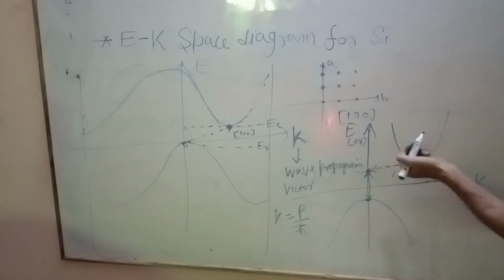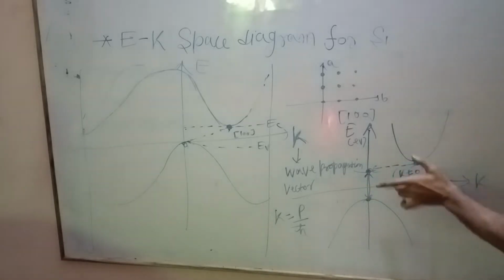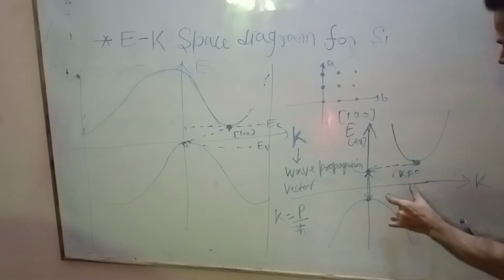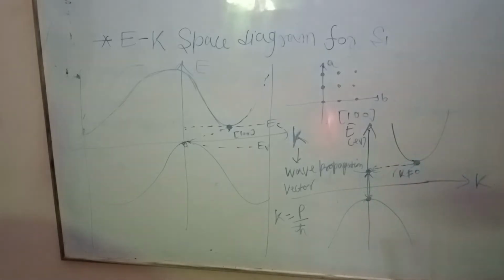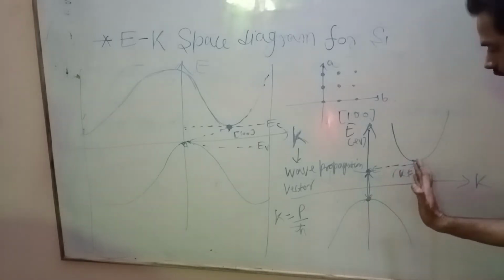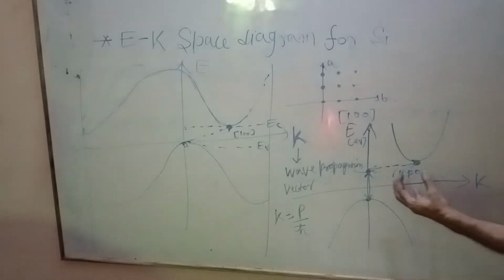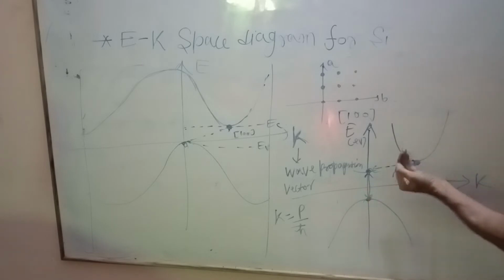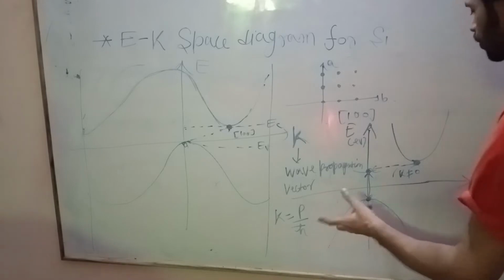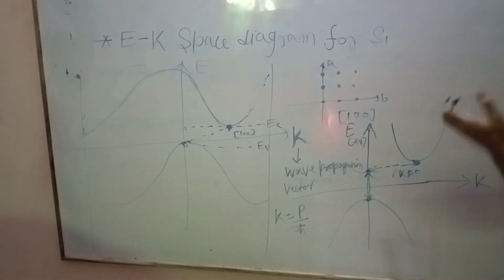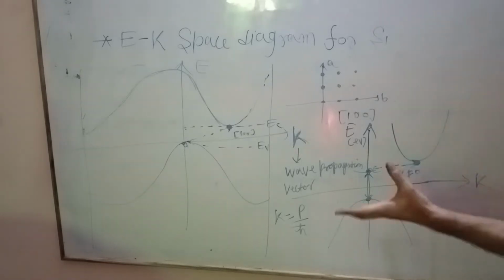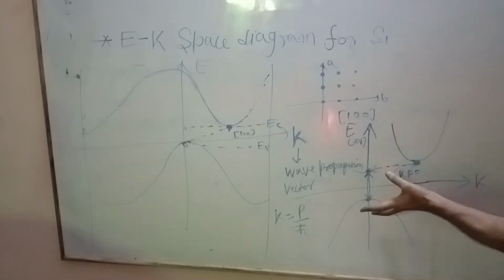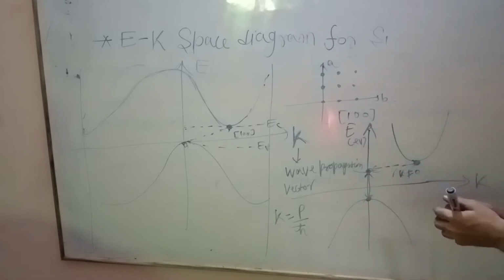Energy is not conserved in the sense that during the recombination of electron hole pair, whatever energy comes out is a type of non-radiative. Energy is consumed, means it will dissipate in the form of heat.